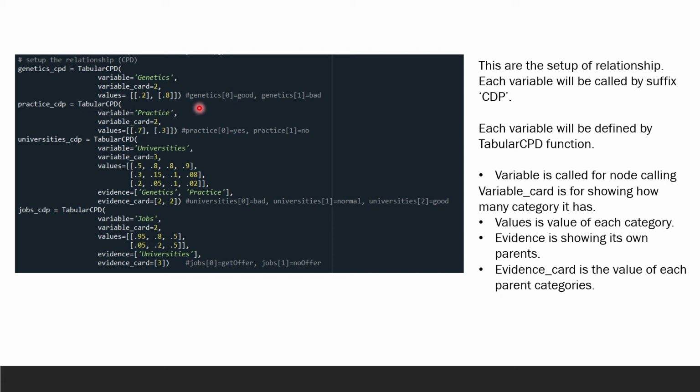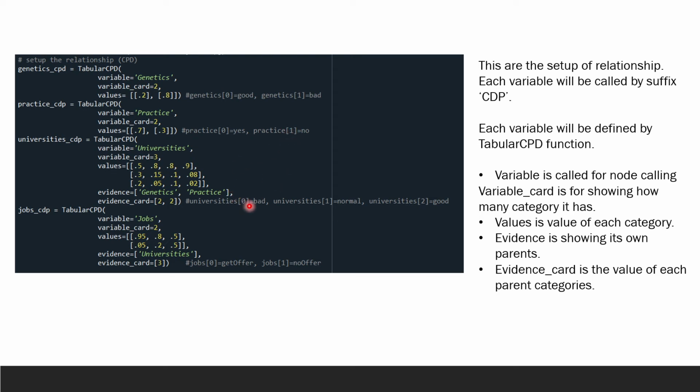We assign the variable to be practice, and the variable_card is equal to 2. What does it mean? It means the practice will have two categories of output. For the first one, 0.7 represents yes, we have good practice, and for the second one, 0.3 represents no, we have bad practice.